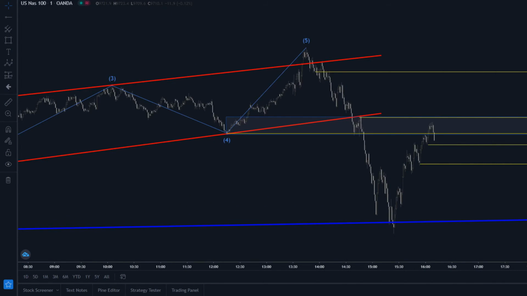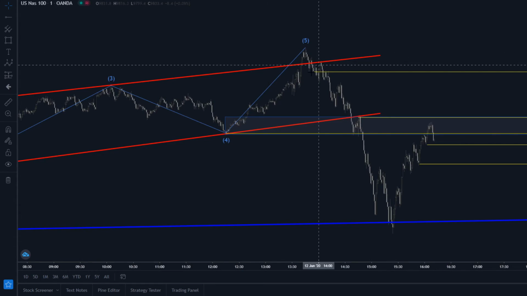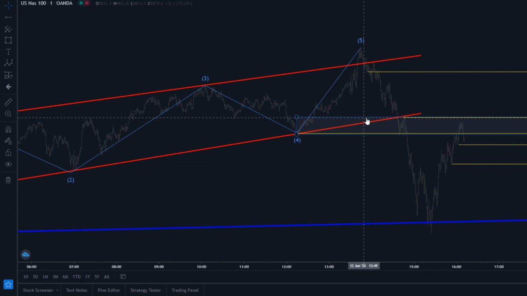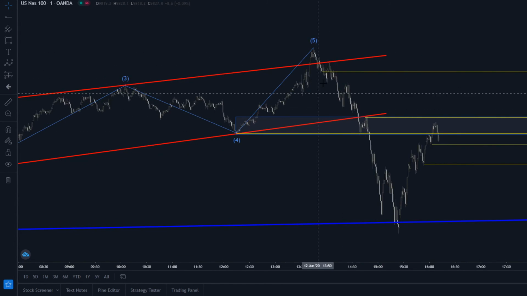Anyways, guys, I'm going to stop the video here because my goal was not really to do a full day trade film, but more to show you how I use the Wolfe Wave pattern in my trading and how I scale in and out of positions using supports and resistances after that.